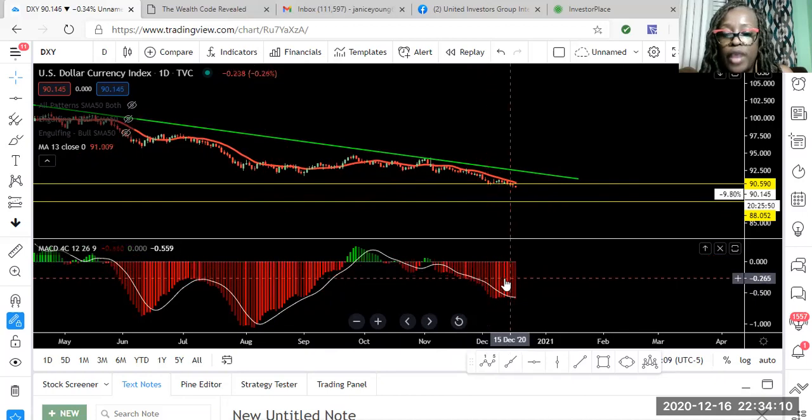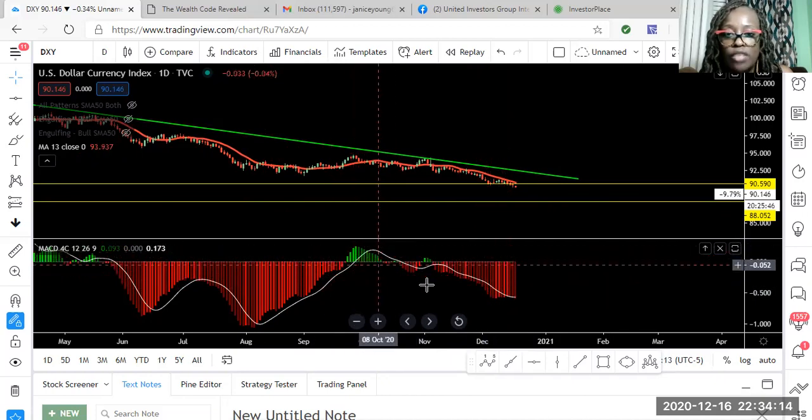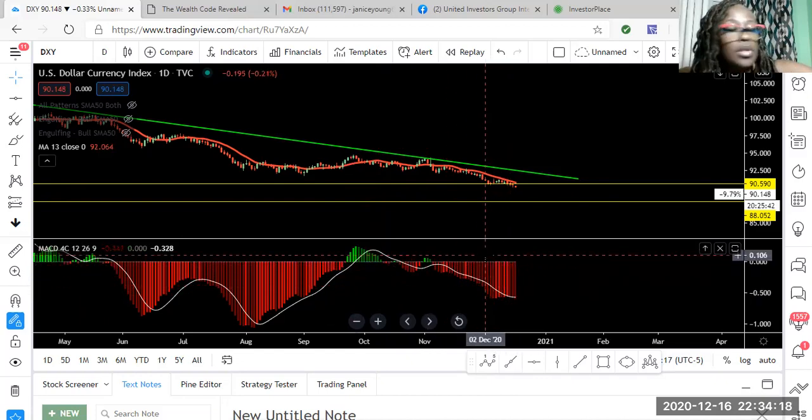You have varying lighter and darker shades of red, lighter and darker shades of green. The lighter shade of red signifies weakness in that down move, in that particular candle. Not as strong, it's weakening. The darker colors mean it's a stronger move, stronger momentum with that particular candle.